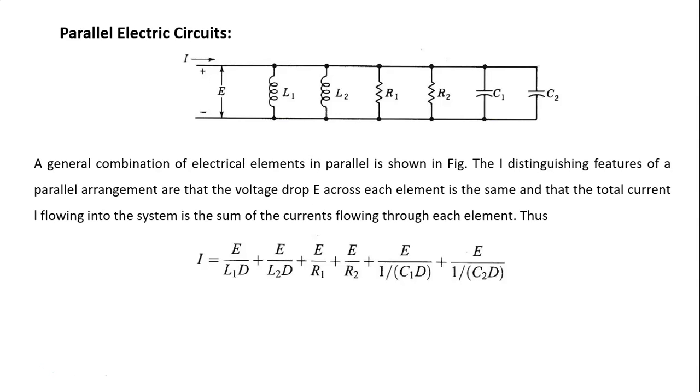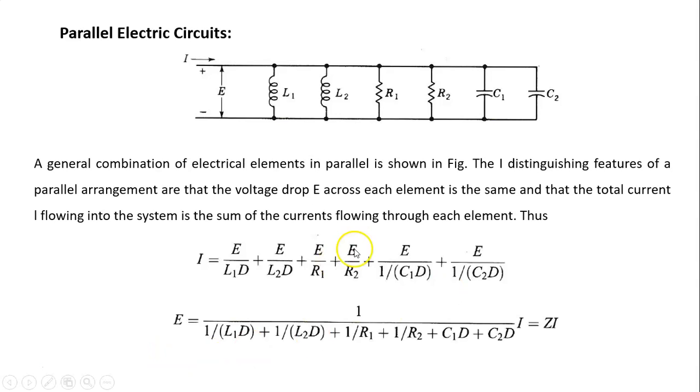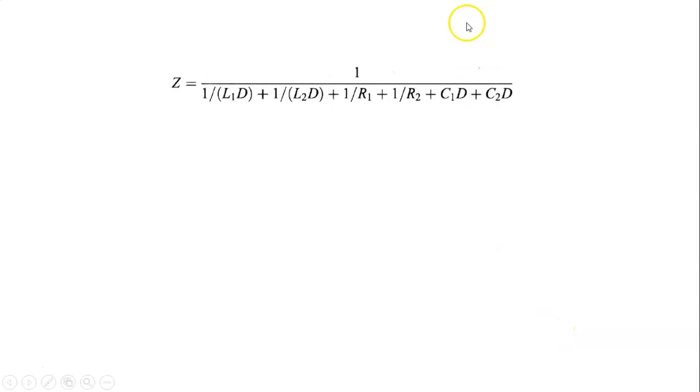Therefore, we write the equation E is equal to 1 divided by 1 upon L1D plus 1 upon L2D plus 1 upon R1 plus 1 upon R2 plus C1D plus C2D into I is equal to ZI, where Z is equal to 1 divided by 1 upon L1D plus 1 upon L2D plus 1 upon R1 plus 1 upon R2 plus C1D plus C2D.